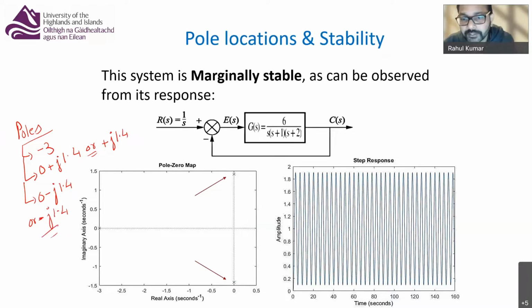So you got these two poles which are on the imaginary axis, and they will lie somewhere here. As I mentioned, if my poles are on the imaginary axis, my system will be marginally stable. Marginally stable means neither stable nor unstable.